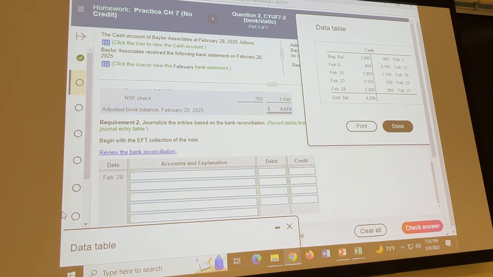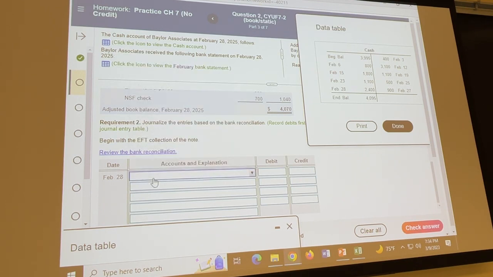Then we're supposed to do the journal entries, and they help us out here by telling us what journal entries to do, but if they didn't tell us this, remember the rule is that you have to do a journal entry for every adjustment that was on the book side, but not the bank side. But here they say begin with the EFT collection of the note.